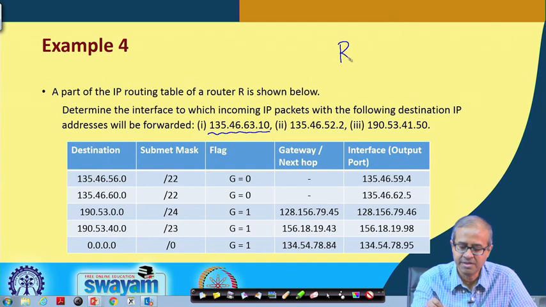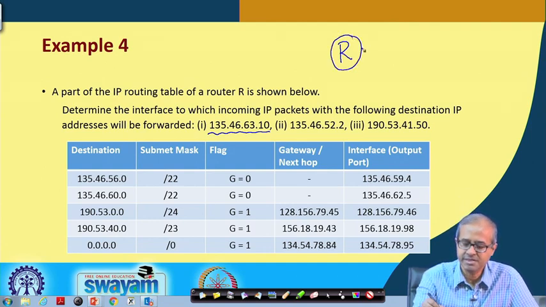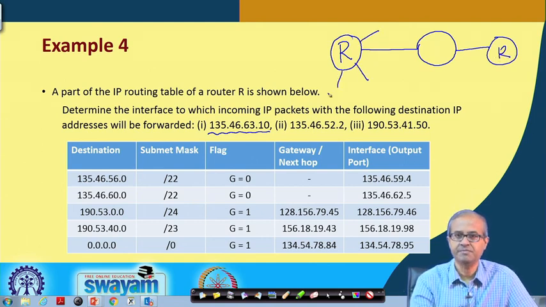Suppose I am considering the routing table of this particular router. This router may be connected to some other network, that network may be having some other router, there may be multiple outgoing links.